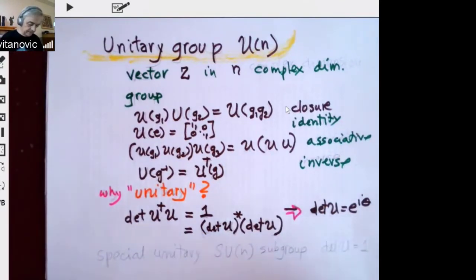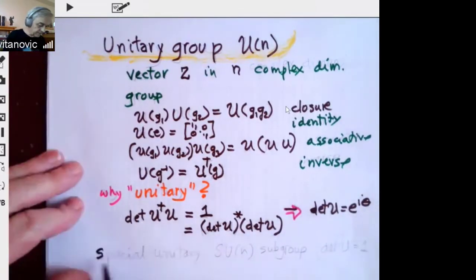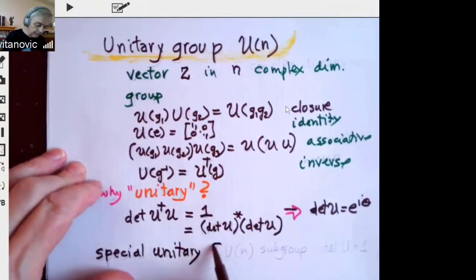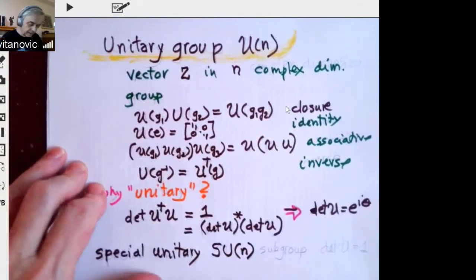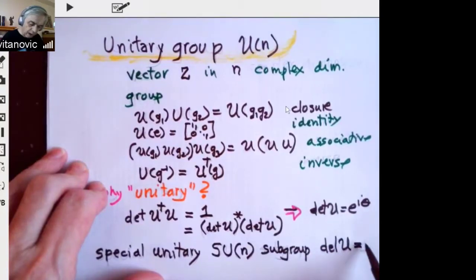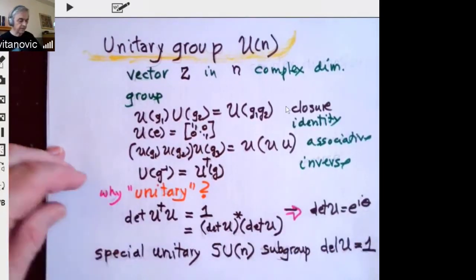And then there is an obvious specialization, so it's called the special unitary group SU(N), and it's a subgroup of the unitary group with the additional restriction that the determinant of the matrix equals 1, and not a phase.